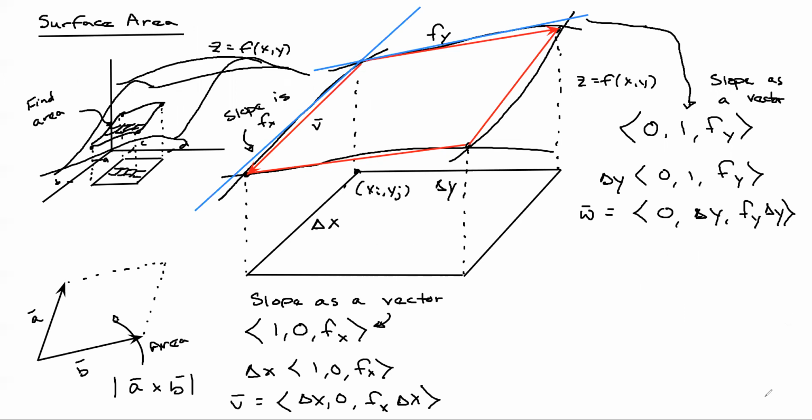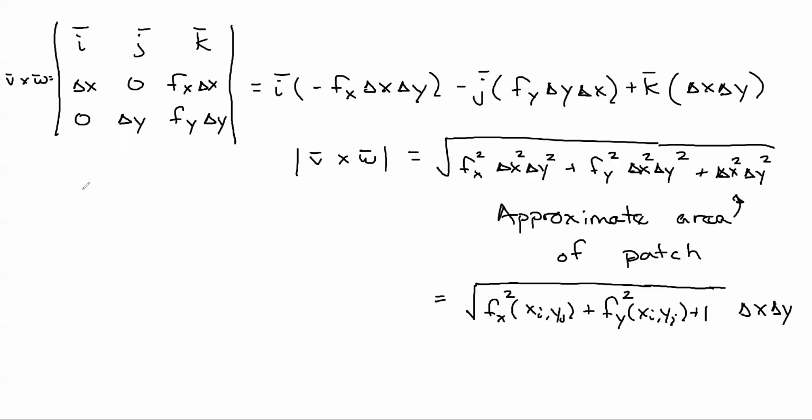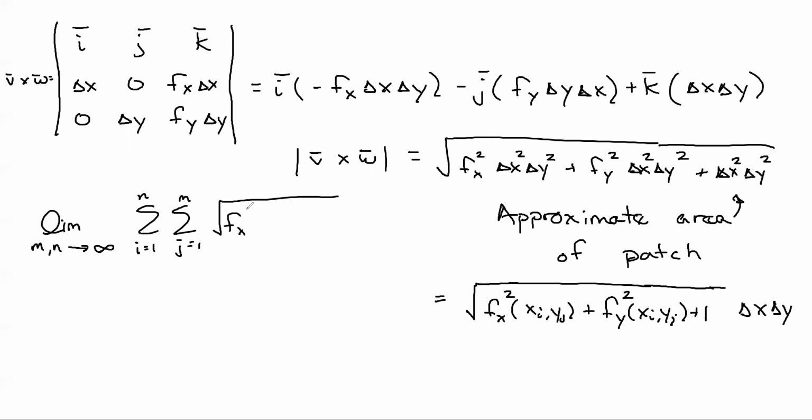And the way that we could do that is the same technique that we used in the previous sections, which is just to throw a limit as m and n go to infinity, and a double summation. It doesn't matter the order here. i equals 1 to n, j equals 1 to m, and then we have the square root of this thing, partial with respect to x squared.